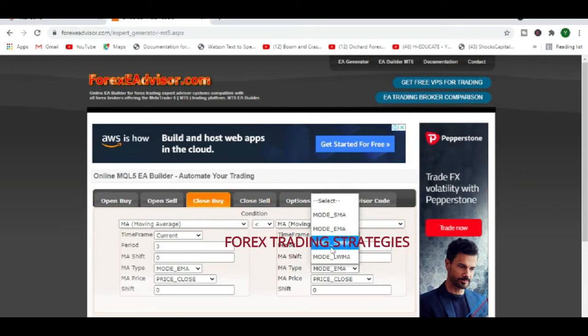If you did choose this SMMA at the beginning, make sure you continue with choosing the SMMA throughout, because you're going to confuse the indicator. It's no longer going to know which indicator you're talking about. Okay, so whatever you put here and whatever you put here must be what you put here and here until you finish.